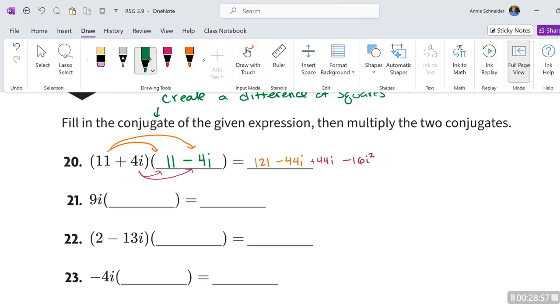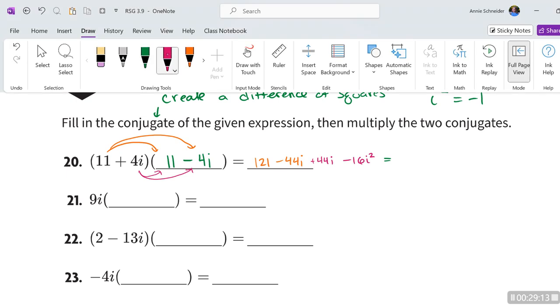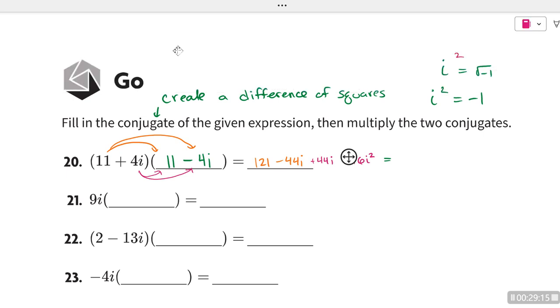So let's combine our like terms. Remember that i squared is the same thing as -1, right? i equals the square root of -1. So if I square both sides, the square cancels out and I'm left with i squared equals -1.